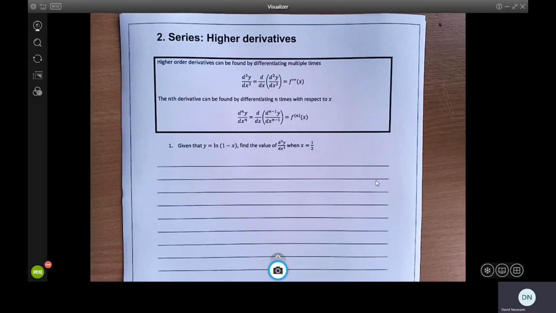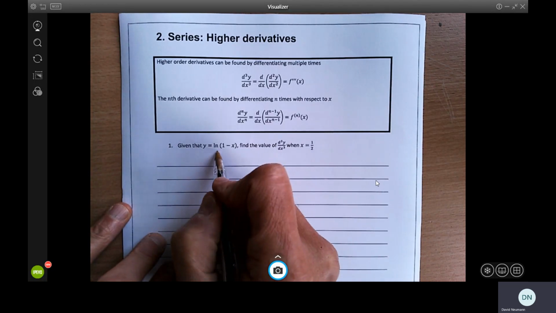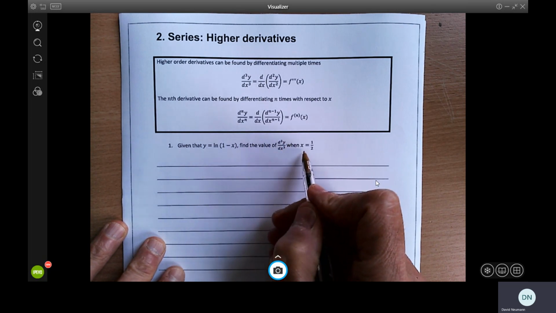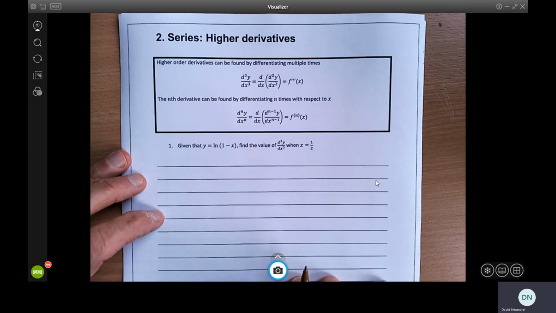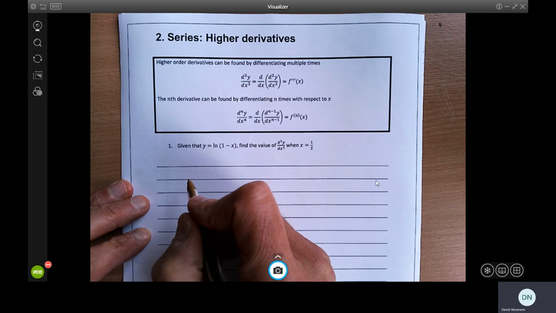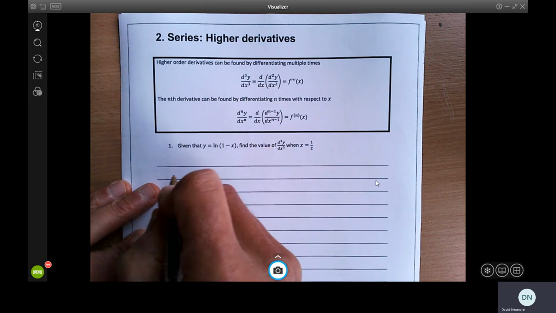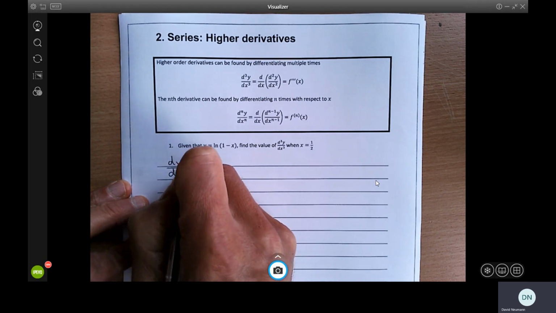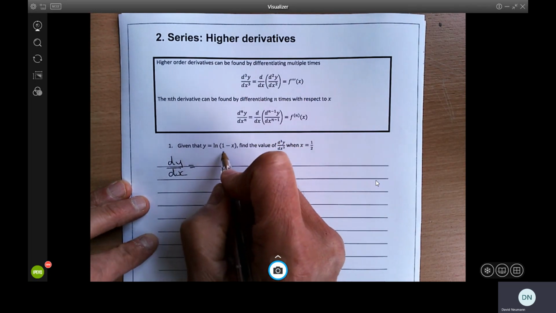So our first example says that we've got a function y equals ln of 1 minus x, and we want to find the value of the third derivative at a particular value of x equals a half. So we're going to differentiate this. dy by dx is equal to, well, when we differentiate this, we've got to use the chain rule.